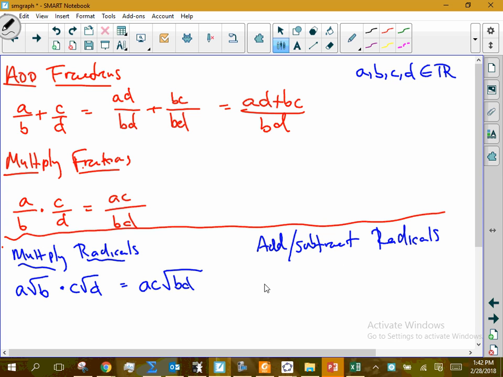If I want to add or subtract radicals, this is the way it's got to be. I have A radical B plus C radical B. Notice that the radical part is the same.